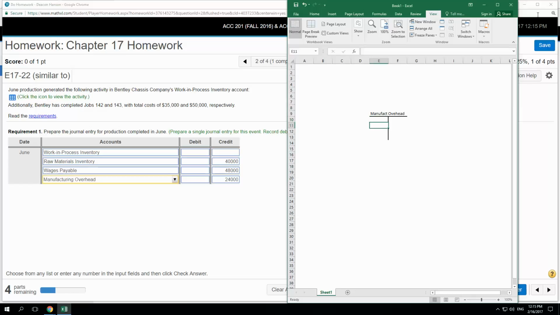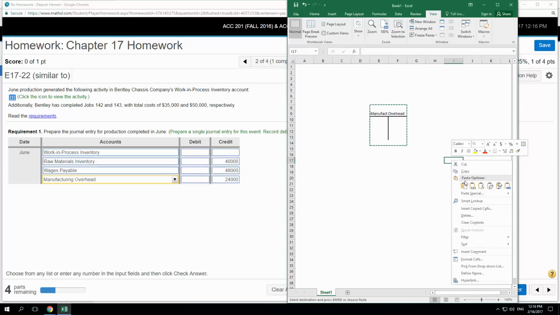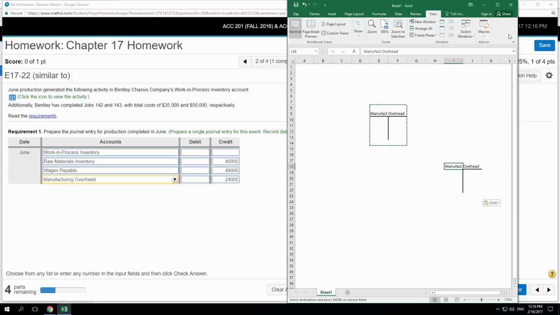I abbreviated, right? So manufacturing overhead costs would accumulate on the debit side, and then when we assign them out, it's going to reduce the manufacturing overhead account. So that's going to happen on the credit side. So they move out of manufacturing overhead into the work in process account.